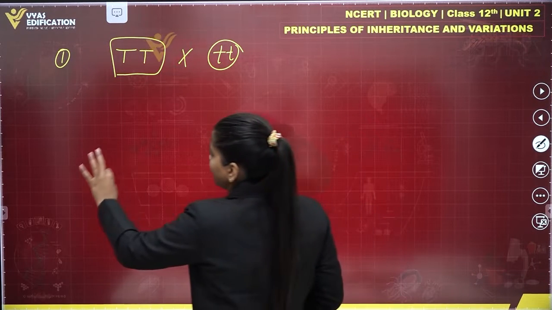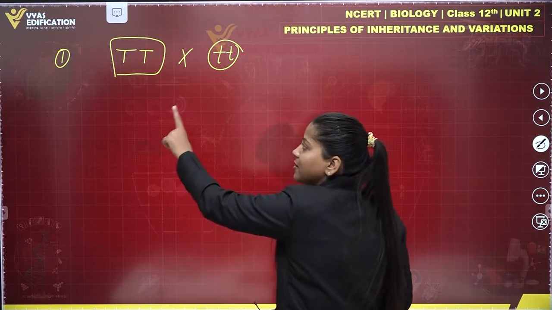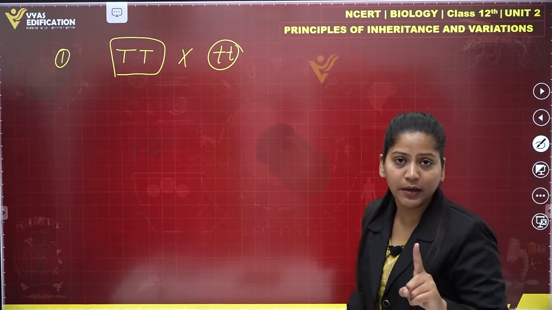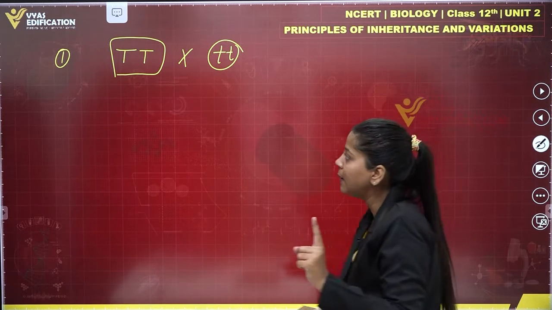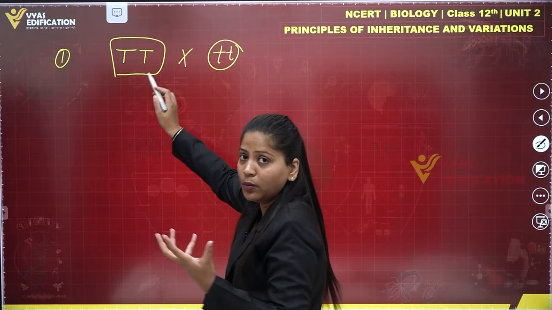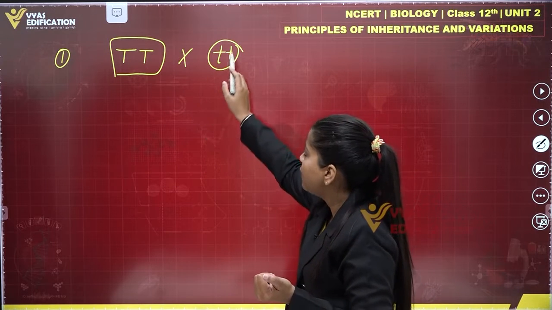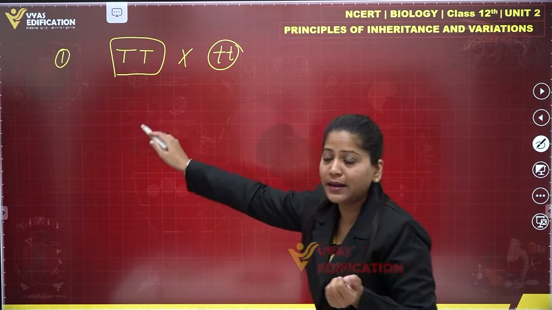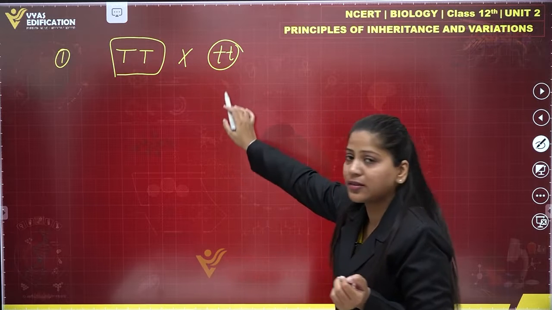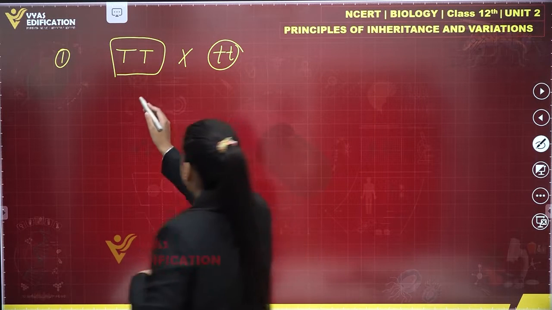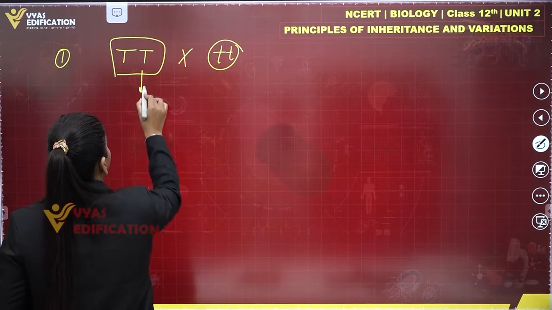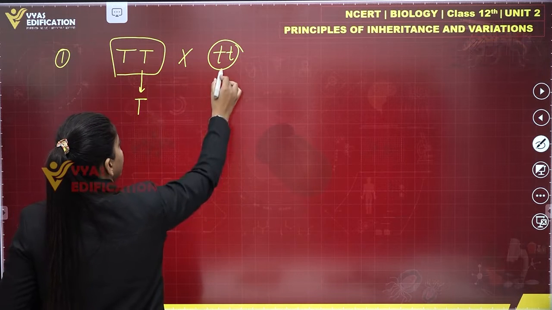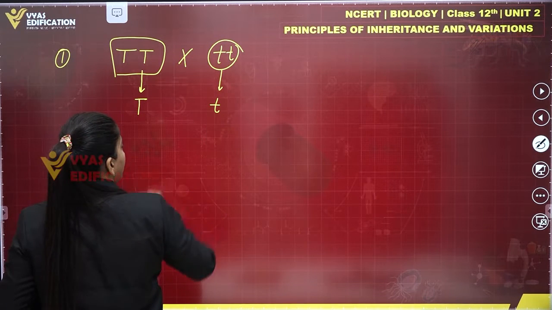Now in case number 1, if the organism is homozygous dominant, in a test cross we mate it with the recessive parent. It will produce gamete capital T, and the other will produce gamete small t.